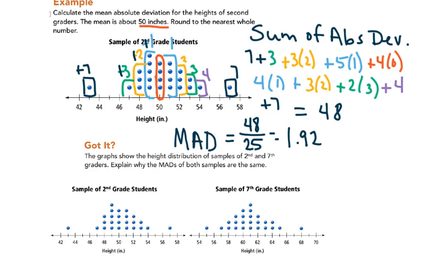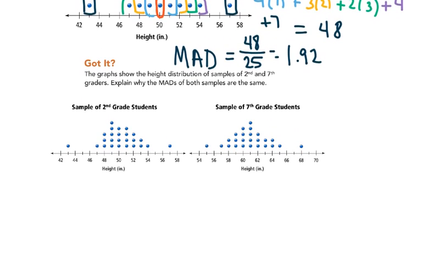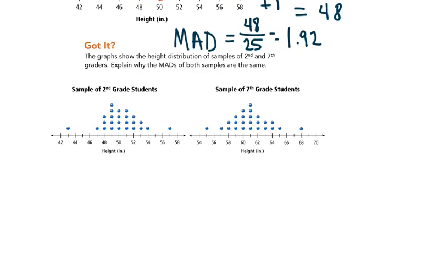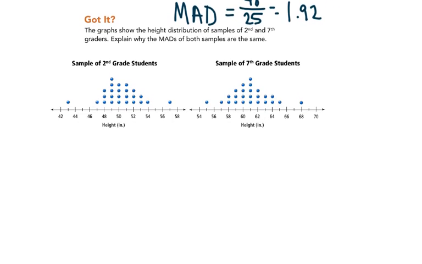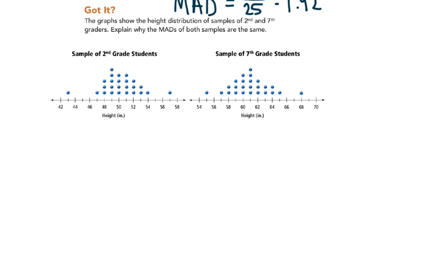So this next question is asking, how could it be that second graders' heights and seventh graders' heights have the same mean absolute deviation? So what you have to keep in mind is that we are not talking about the average heights of the students. We are talking about how spread out the heights are from the mean.